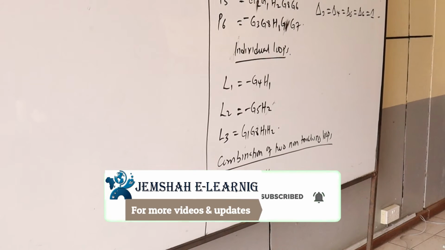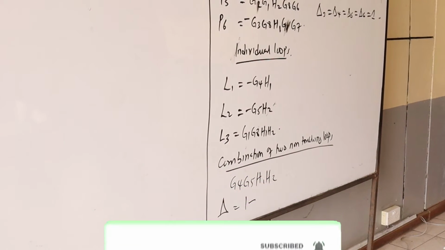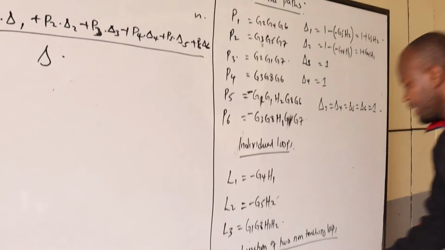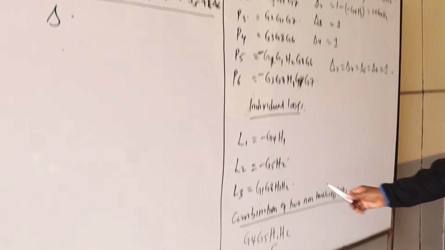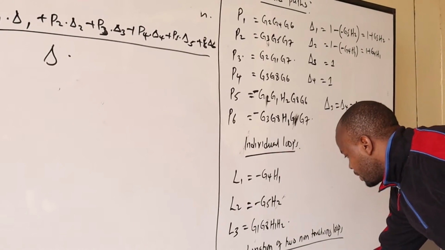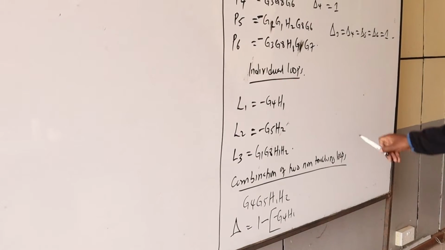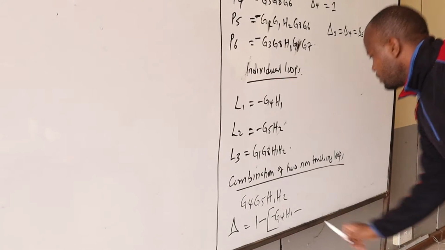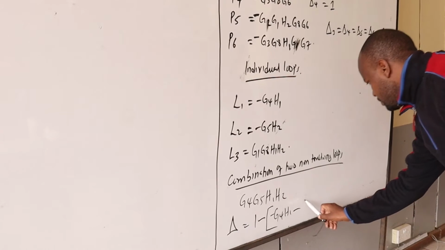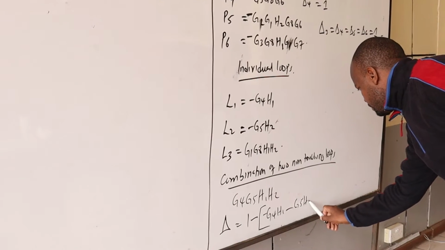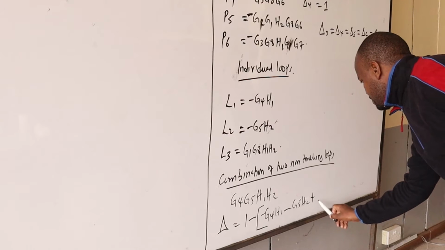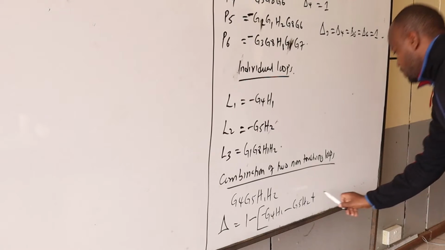The individual loops we have are minus G4 H1, minus G5 H2, and plus G1 G8 H1 H2.